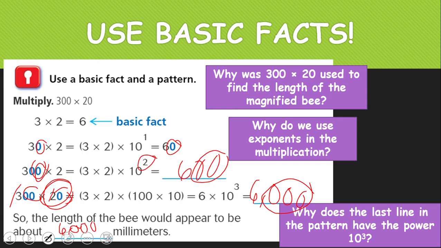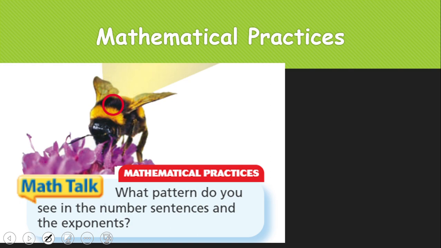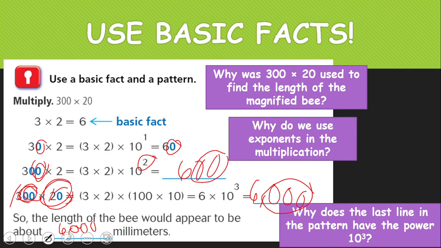And so you have that 10 in there that needs to be multiplied with the other two 10s, which are in the hundreds. And that's how we get 10 to the third power, which is the same thing as 1,000. All right, the question also on page 21, it says, what pattern do you see in the number sentences and the exponents? Let's go back. Here we have, I'm going to go ahead and clear our notations.